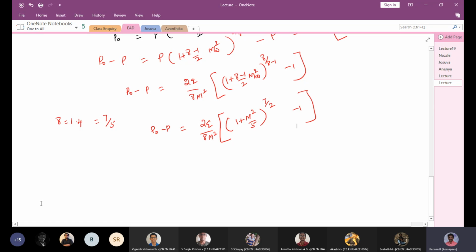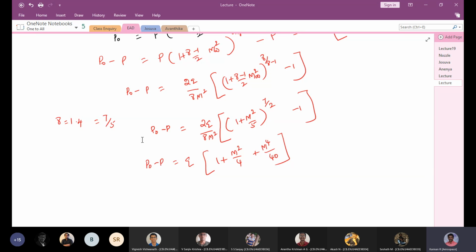So using Taylor series, your binomial expansion, if you rearrange that, you are going to get P naught minus P is equal to Q into 1 plus M square by 4 plus M to the power 4 by 40. So higher order terms we are going to ignore.